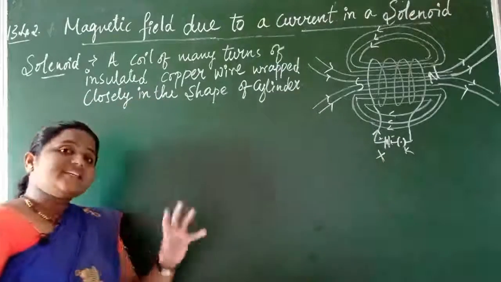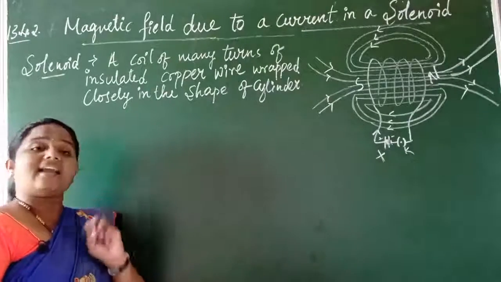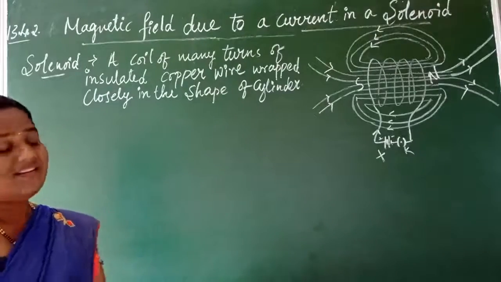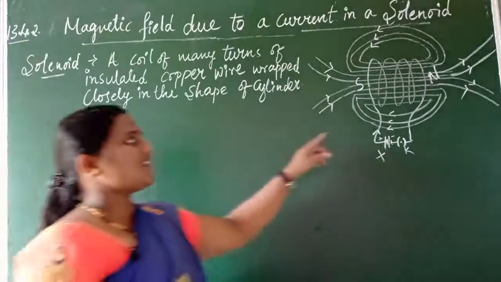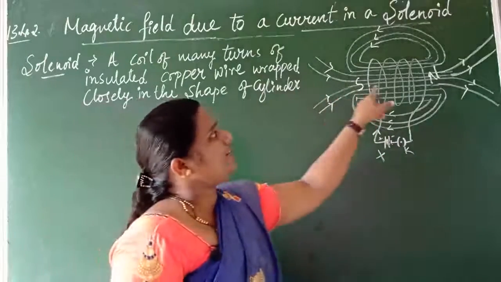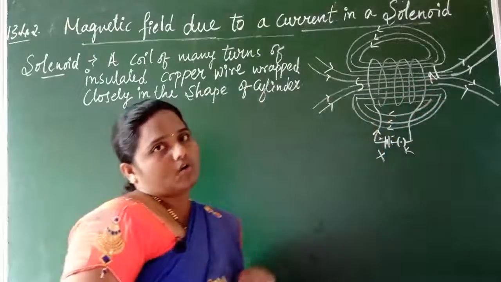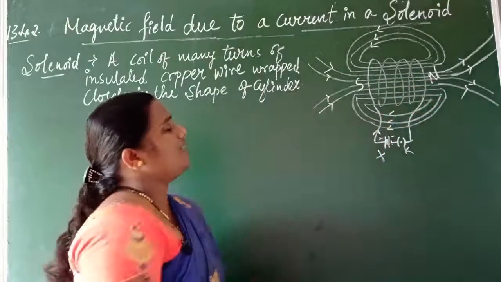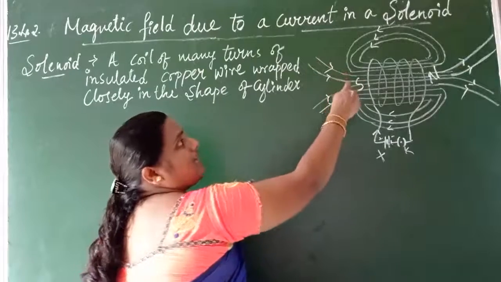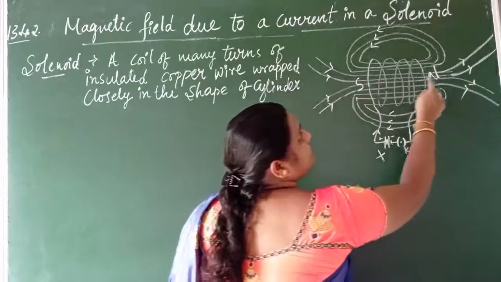So this magnetic field has been produced, and what is the direction of the magnetic field we are going to learn. So children, when the current starts flowing in this coil, what are the magnetic fields inside the coil doing? Inside the coil, they are moving. See, imagine this one arrow line is indicating one magnetic field, it is moving parallel, and the second magnetic field line is moving parallel.